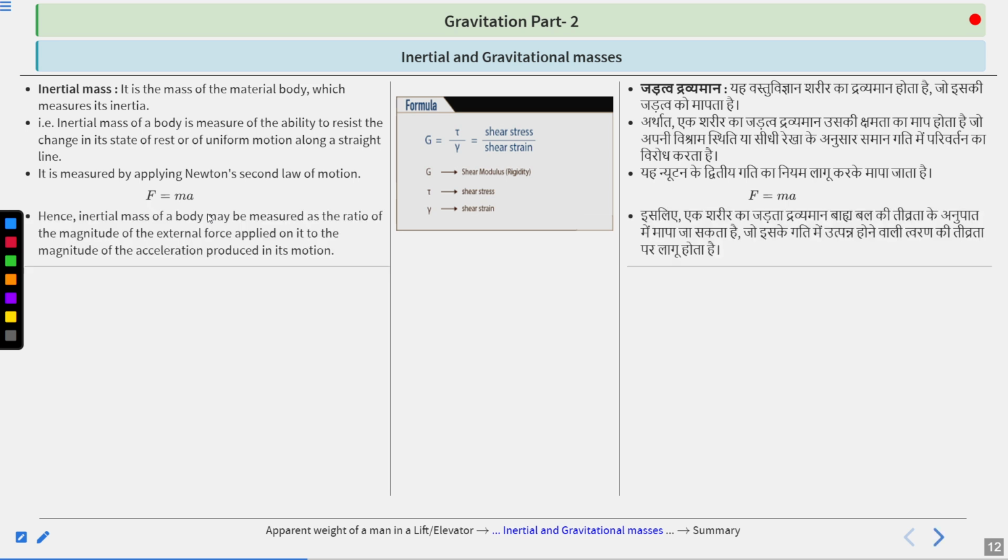The inertial mass of a body may be measured as the ratio of the magnitude of the external force applied on it to the magnitude of the acceleration produced in its motion. Like what magnitude of external force you applied on the object, and what magnitude of acceleration was produced in its motion because of this external force. So this is actually known as the inertial mass of a body. Got it?